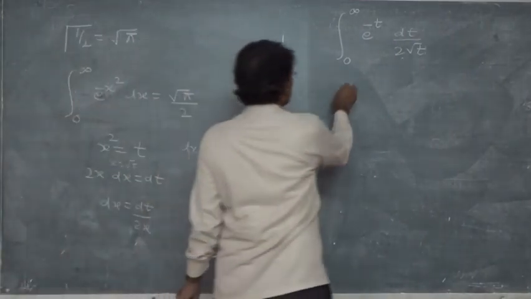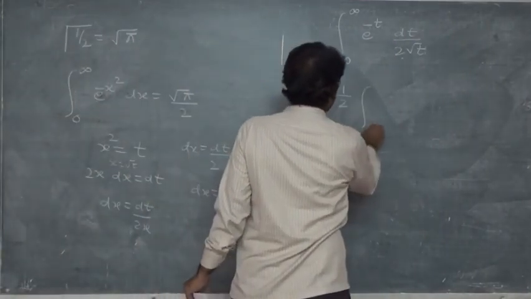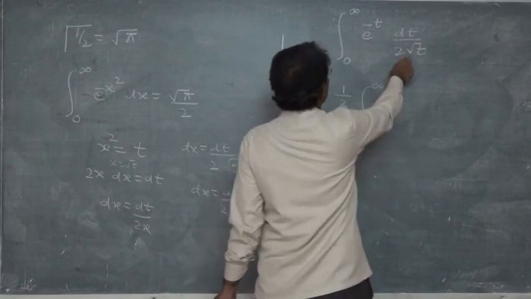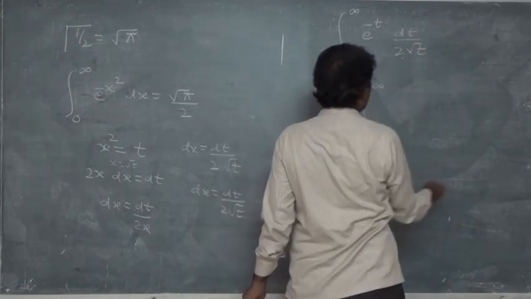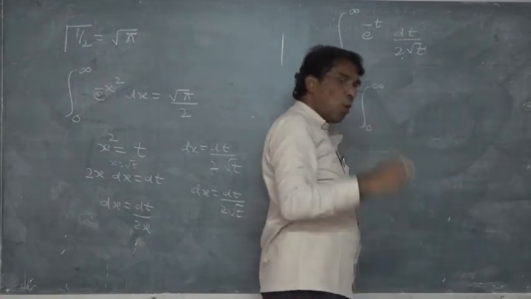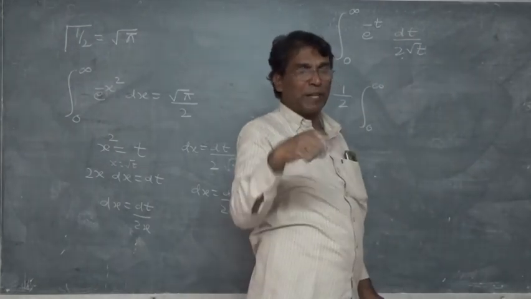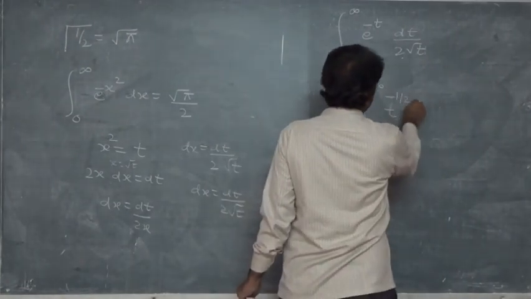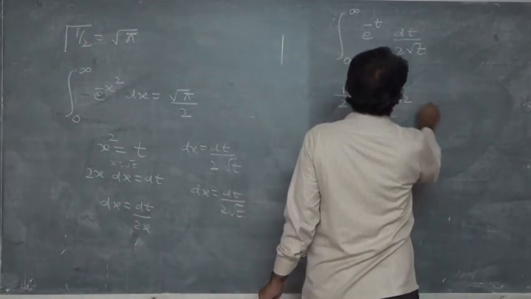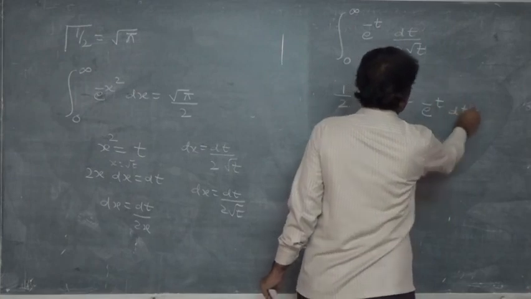Or this is equal to 1 by 2, 0 to infinity. 1 by 2 I have taken out. Root t means t raised to 1 by 2, but when it comes to the numerator, this becomes t raised to minus 1 by 2, e raised to minus t dt.